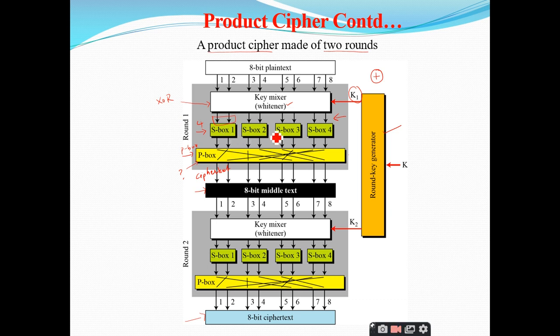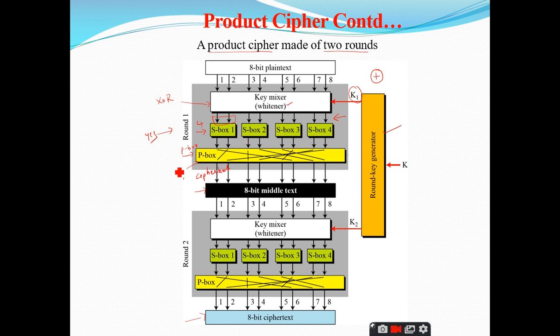How many S boxes am I taking here? Four, sir. How many inputs and how many outputs for each S box? Two inputs and two outputs. So are they invertible? Yes, sir. An S box is invertible if it has an equal number of inputs and outputs.